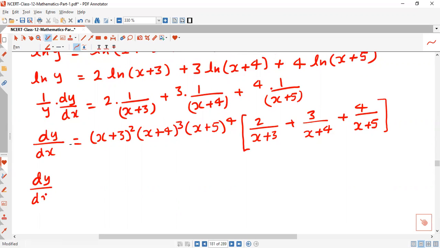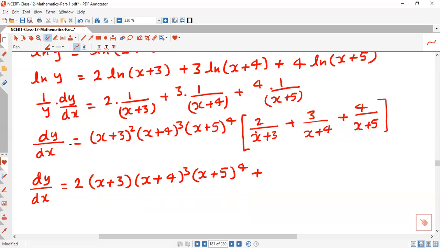I can open these terms separately. So what comes out? In the first term, the denominator is removed, as one x plus 3 cancels out, giving 2 times x plus 3, x plus 4 cubed, x plus 5 raised to 4, plus.